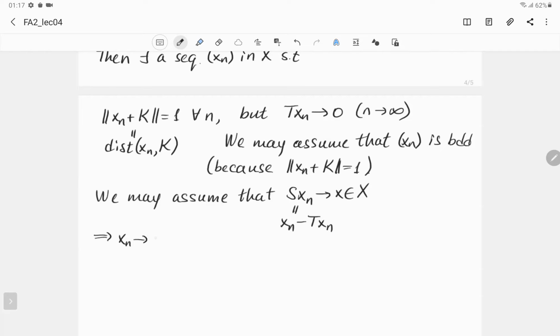Xn goes to x. So we apply T. We see that T of xn goes to T of x. But T of xn goes to 0. So this implies that T of x is 0. That is, x is in the kernel of T. X is in K.